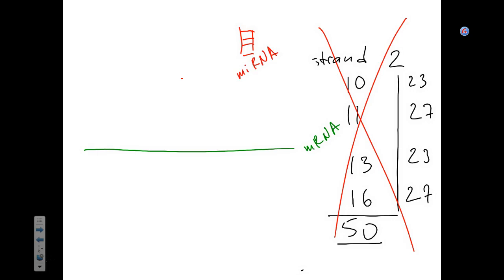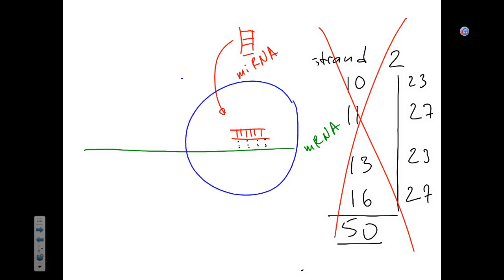It's about 22 nucleotides long, each strand. And the function of this molecule is to bind to a certain part of mRNA, okay, and target this mRNA for the destruction by so-called Argonaute protein.